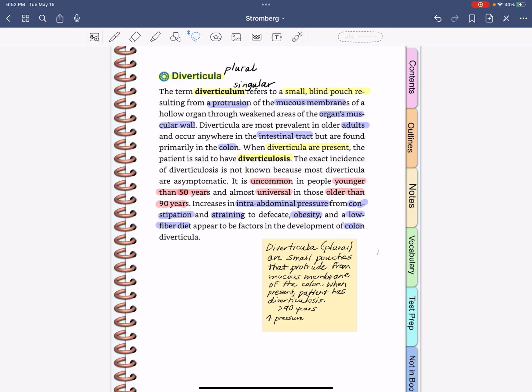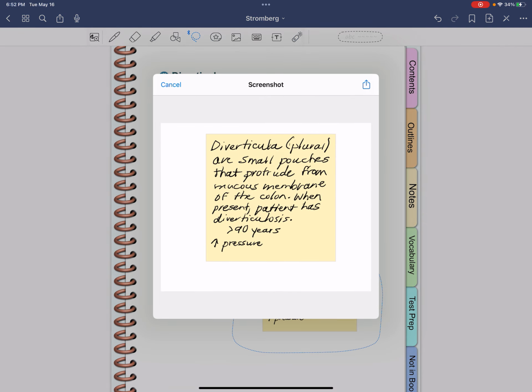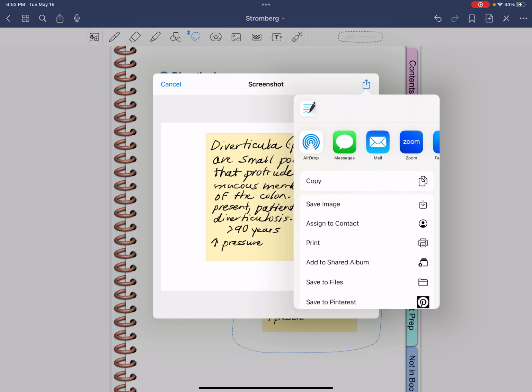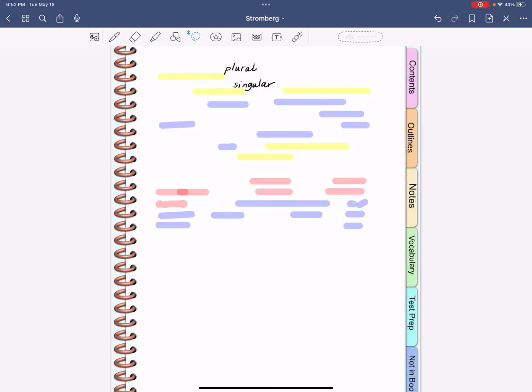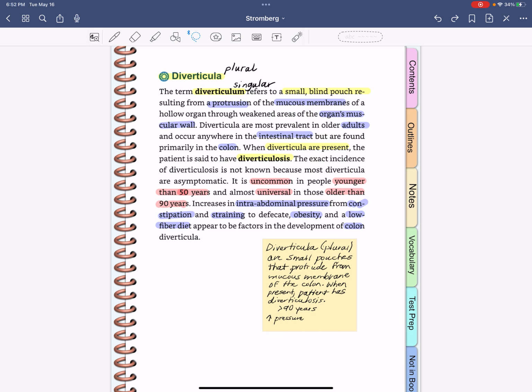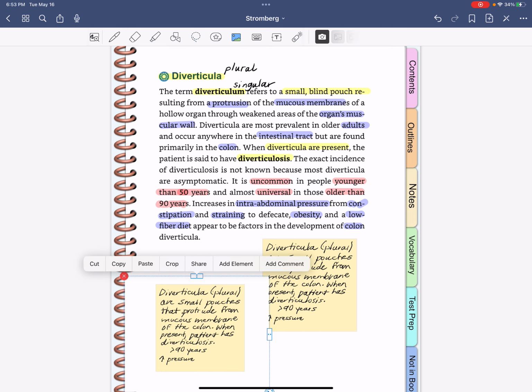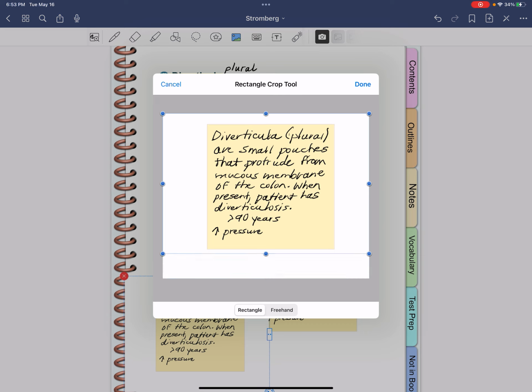So I would take that Post-it note and I would keep that in my book, in my own handwriting. Whoa, sorry. I'm having iPad problems tonight, guys. All right, so here's the finished note, and I would just stick that on that paragraph of my book.